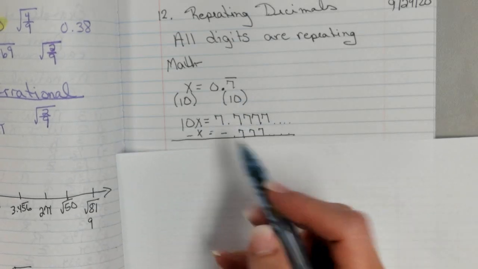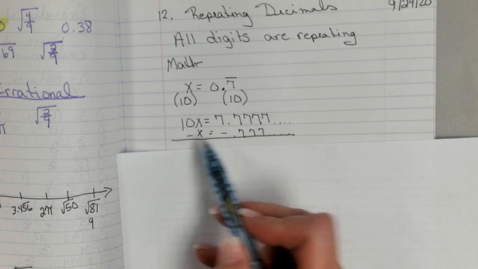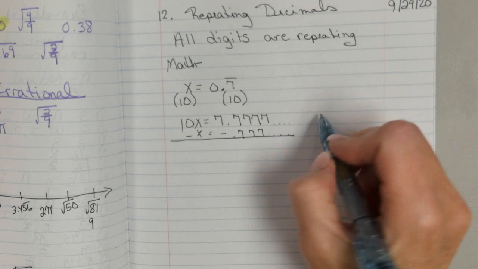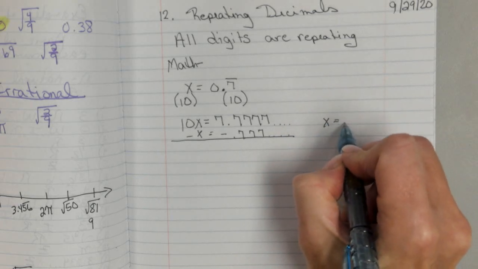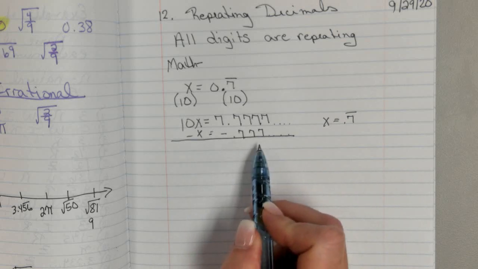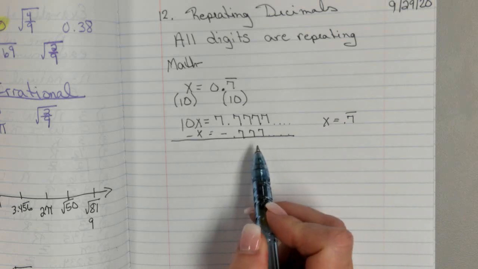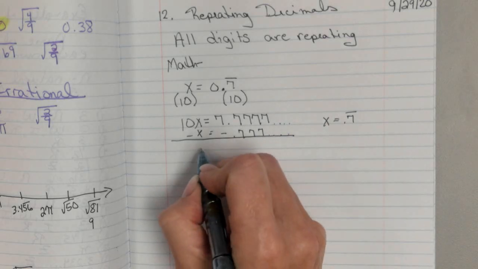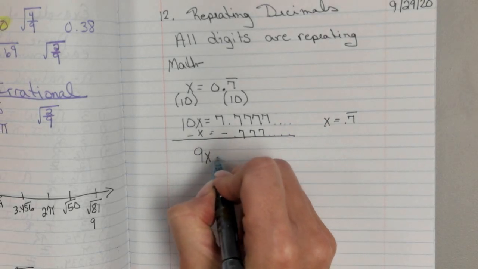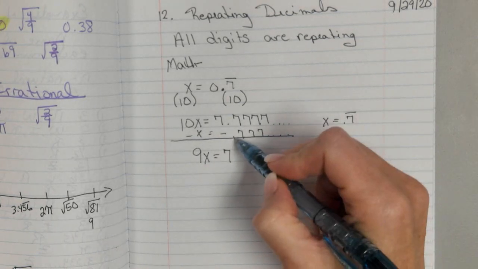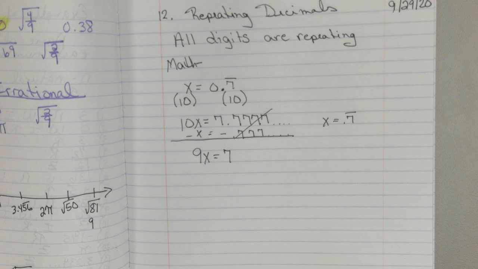So I'm going to subtract x from this side and 0.7 repeated from this side. Because remember, we said x equals 0.7 repeating. Subtracting the same thing from both sides takes care of the repeating. And I'm down to 9x equals 7. All of the repeating went away. That was why I wanted to subtract that off.